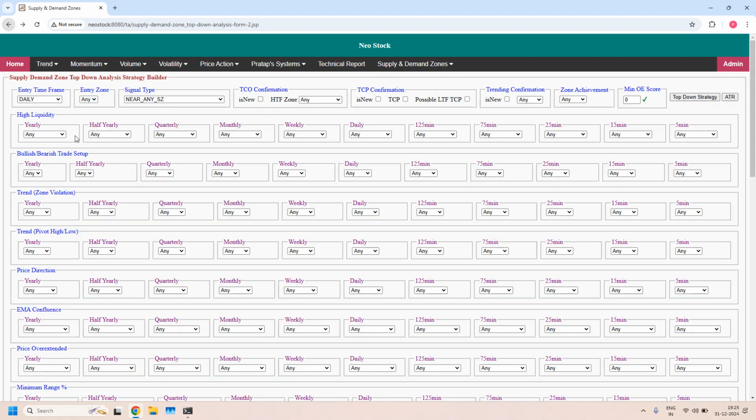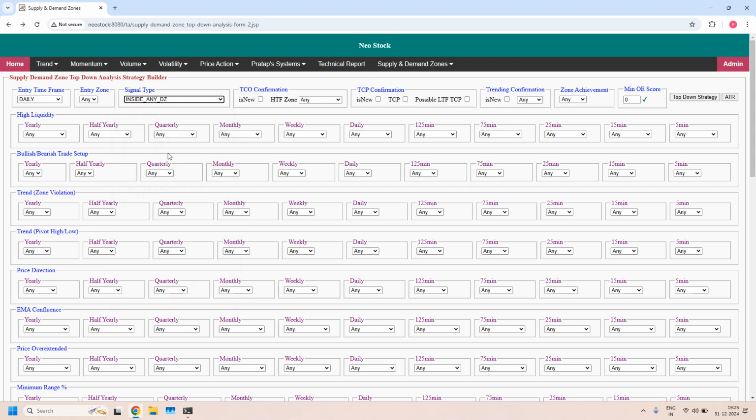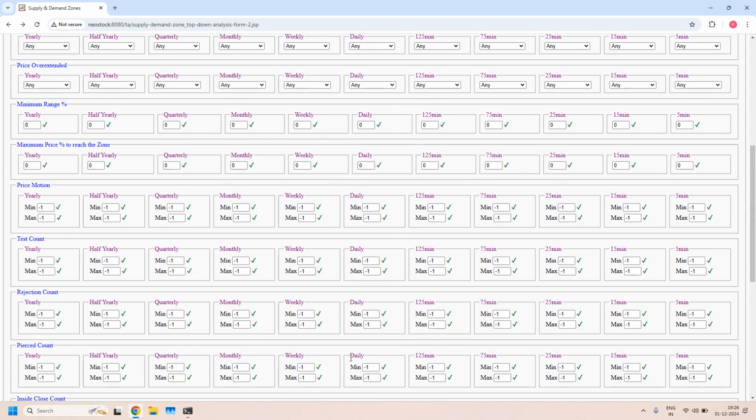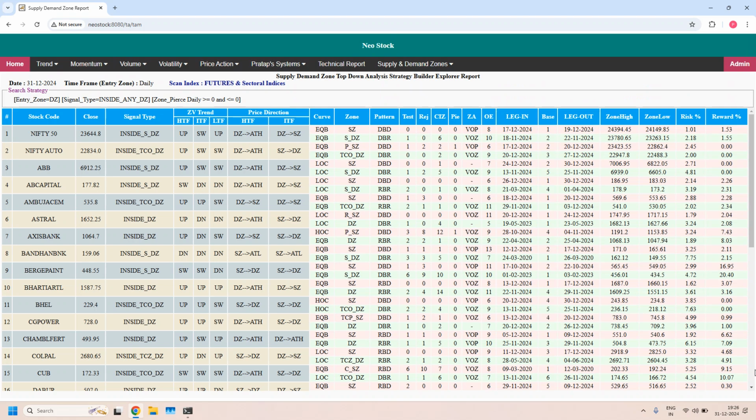Okay, next, daily time frame. Let us find the stocks where price closed inside the daily demand zone. These daily demand zones should not be pierced. So in the pierced count at a daily time frame, I am setting minimum value 0, maximum value 0. Let's filter. We got a big list.